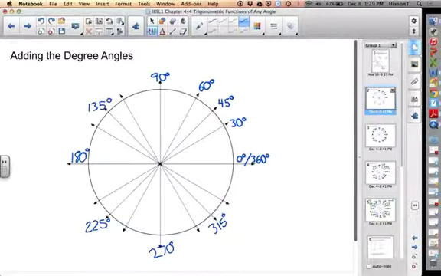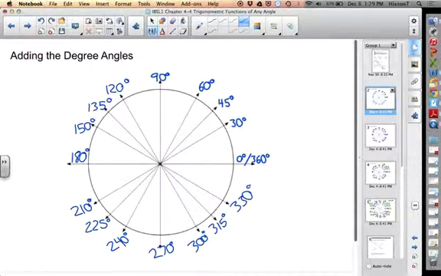Anyways, don't worry about that right now, let's worry about this. Now we'll go through our 30s. 30, 60, 90, 120, 150, 180, 210, 240, we already have the 270, 300, 330, and 360.